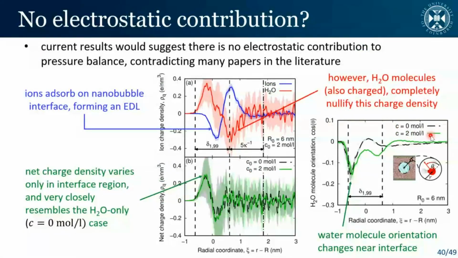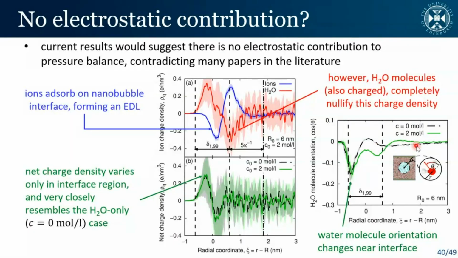So you might be asking why that's the case, because we did see some evidence that there was a zeta potential and ionic layering. It's important to remember that while ions were exerting some sort of charge density across the bubble, water molecules themselves also have a charge density. They are neutral overall, but because they are polar, they have a unique non-uniform charge distribution across their surface.